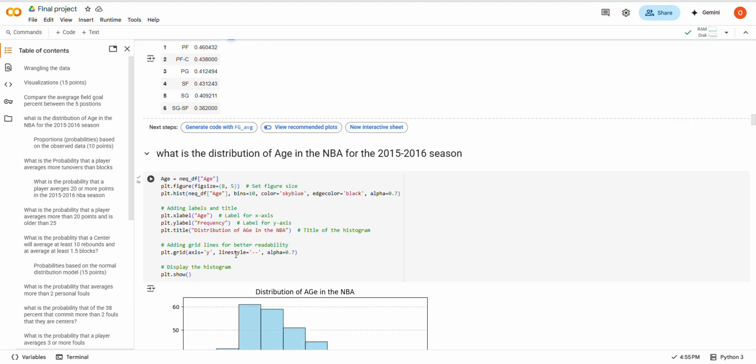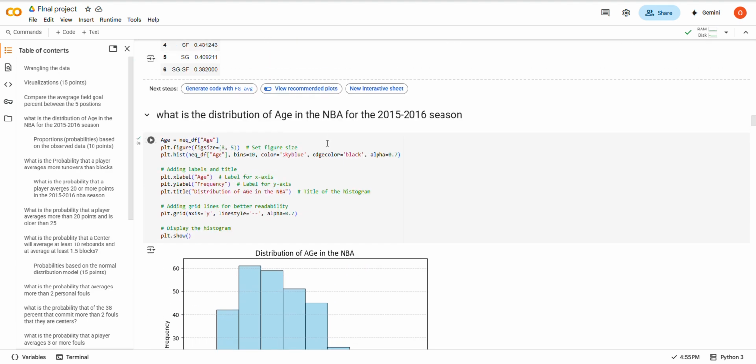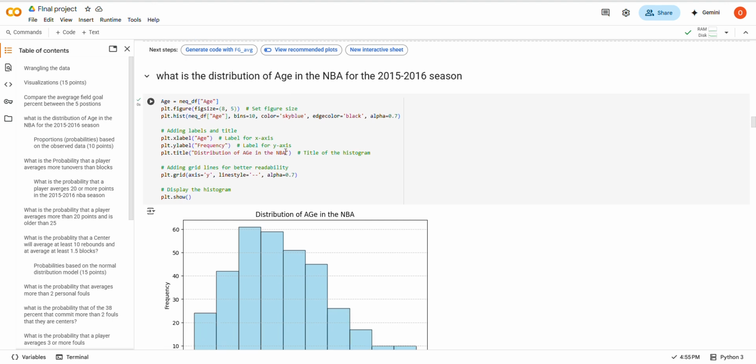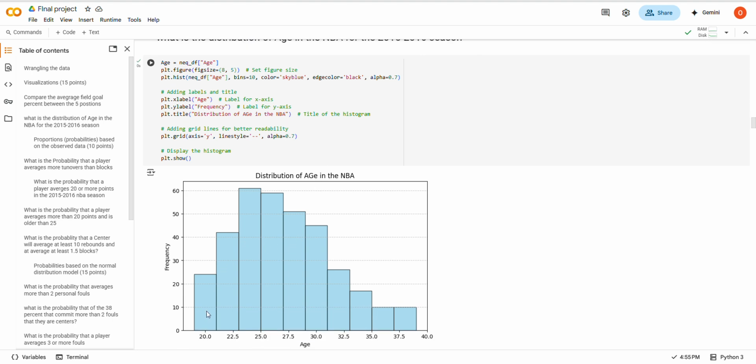All right, and then the next visualization we did was to check the distribution of the age in the NBA during the season. So when we did that, we created a histogram, and it keeps track of the frequency of each age group. As you can see here, it's not normally distributed, and it's skewed a bit to the left, which indicates that a lot of the players playing in this season tended to be younger.